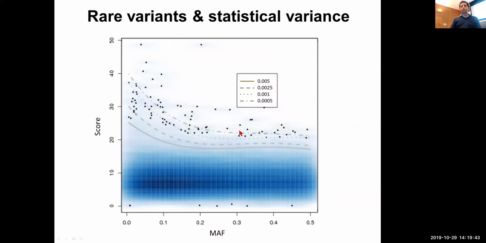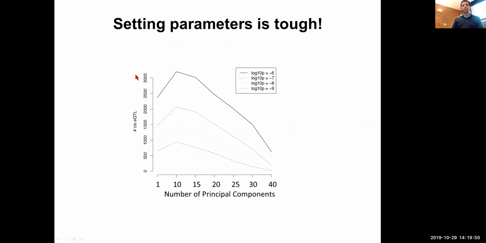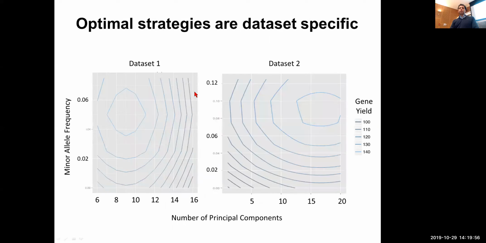The further you go into rare variants, the more noise you have, but the more variants you're also discovering. And then setting the parameters is tough. Basically, knowing how many components to remove is hard. Okay, and then the specific combination of these parameters might be extremely data set specific. So for one data set, these might be the right parameters, and for another data set, it might be completely different parameters. Okay.